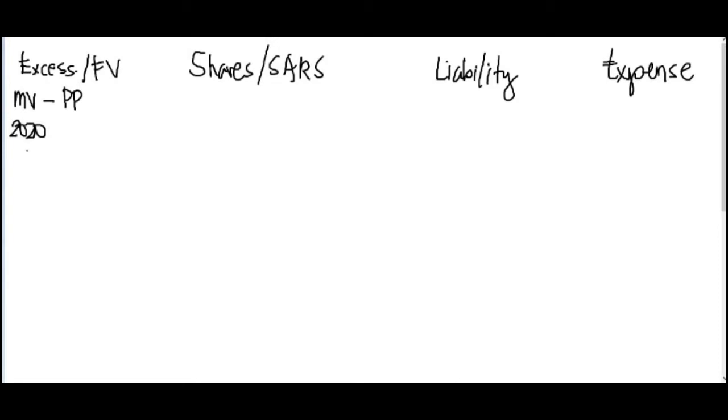Okay, so paano ba ko computein? The market value. So, the market value ng December 31, 2020 is 210. Okay? Minus the predetermined price, sabi ng January 1 daw, ay 200. Kaya, ang fair value mo is actually 10 pesos multiplied by 20,000 SARs.